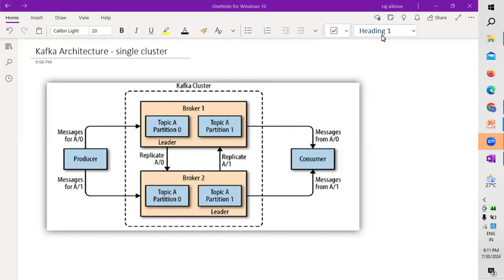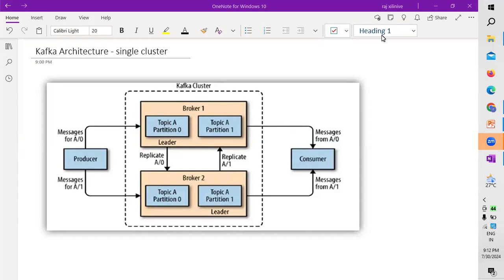The last component, but not least, is called topic, which can be considered like a folder in a file system, where producers publish messages to the topic and consumers consume the messages from there. Whatever messages are appended to the topic, each message is published to the topic at a particular location named an offset, which means the position of a message is identified by the offset number. For each topic, the Kafka cluster maintains a partition log.